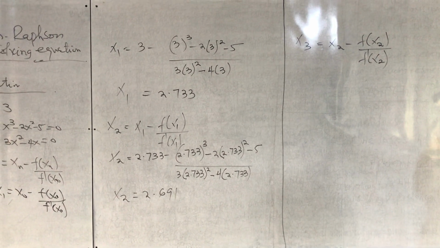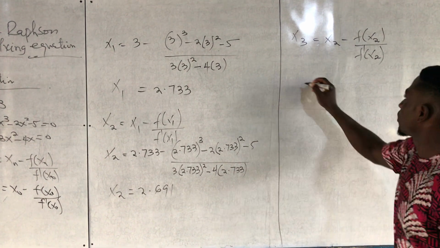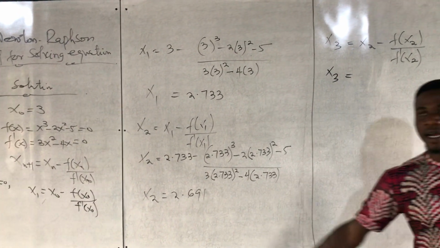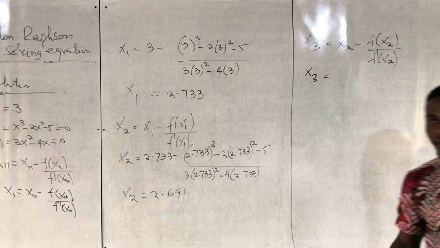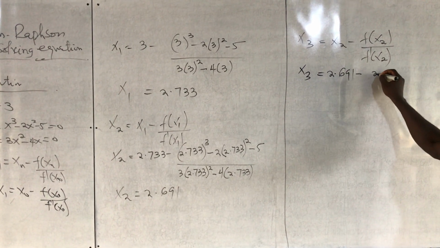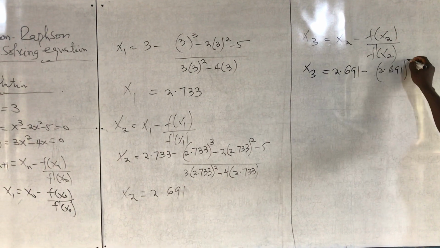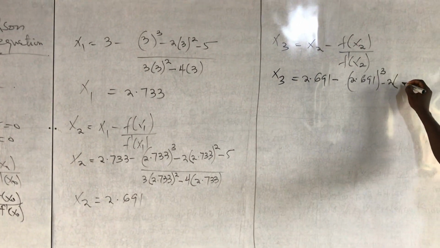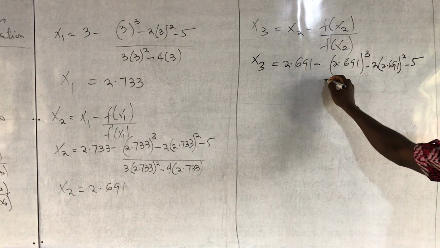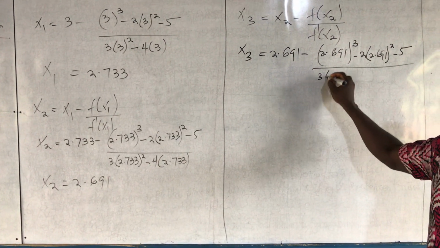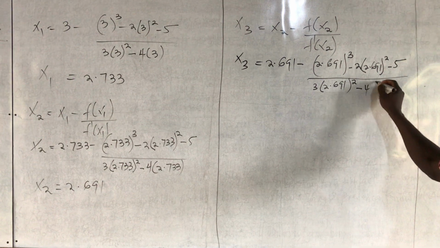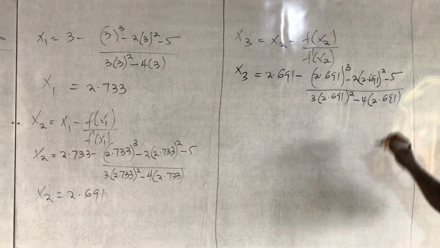Now x2 is 2.691, so we have x3 equal to 2.691 minus, 2.691 cubed minus 2 times 2.691 squared minus 5, all over 3 times 2.691 squared minus 4 times 2.691.